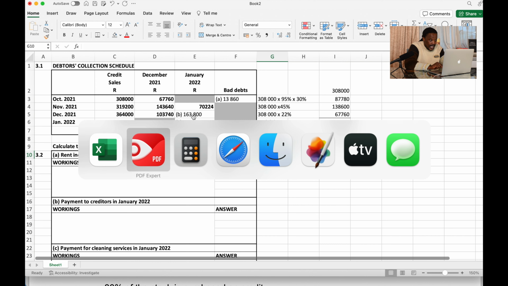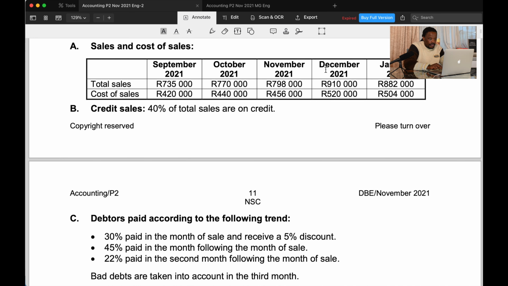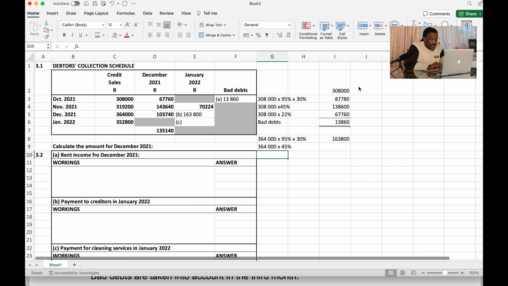They took this amount for January, 10,000, and they multiplied it by 60%, which is incorrect. It's incorrect because the trend is credit sales.